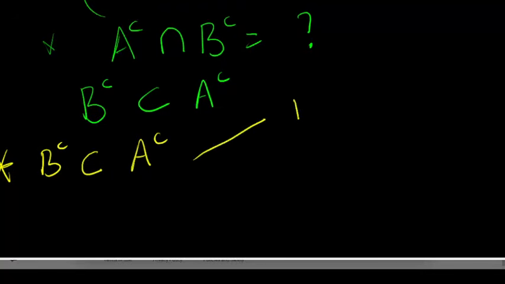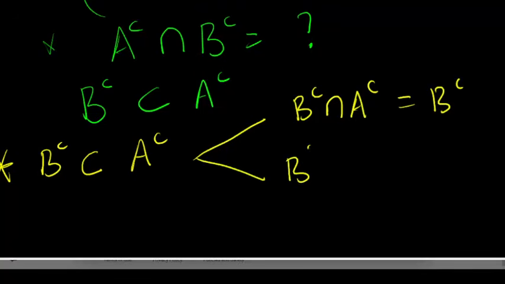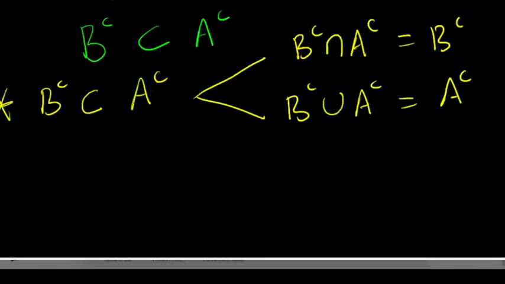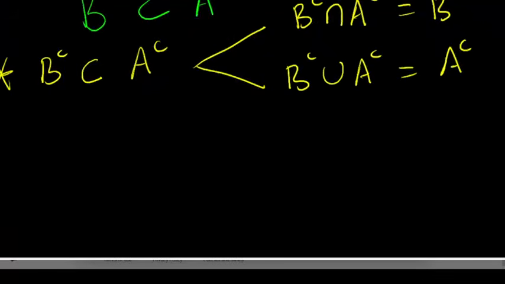The first thing is that B complement intersection A complement is B complement, and then B complement union A complement is A complement. And how can you relate this to, let's say, a woman that is pregnant? A pregnant woman. The pregnancy is a subset of the woman.